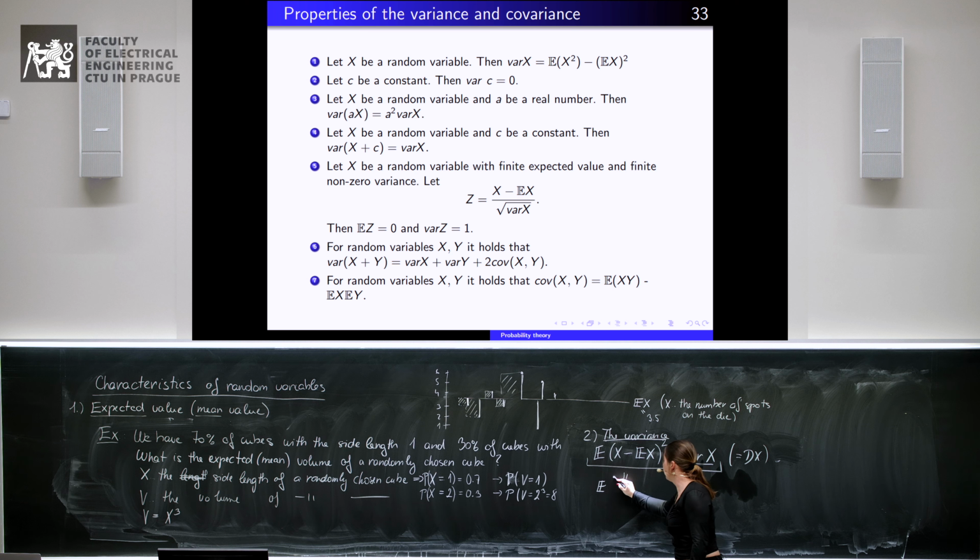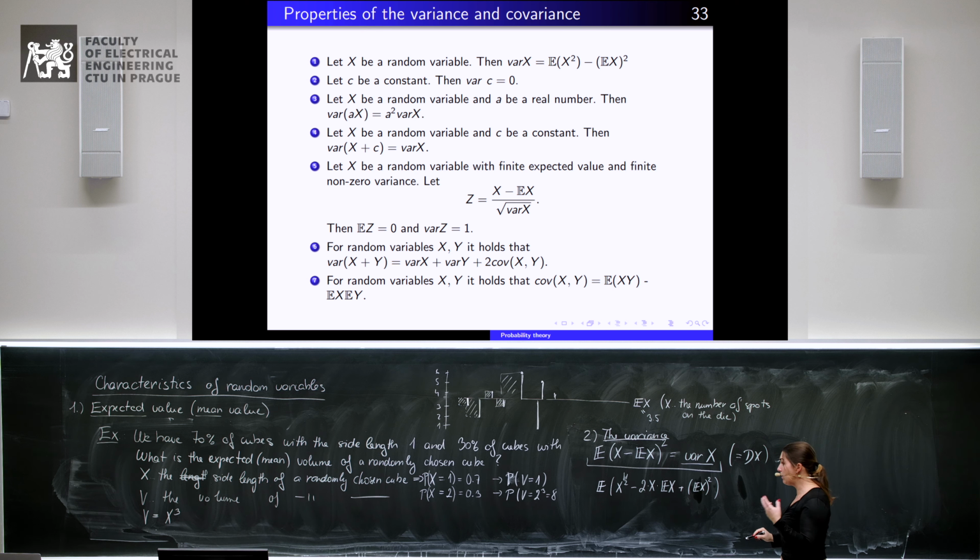Look what happens. In the brackets, we have x squared minus 2 times x times the expected value of x plus the expected value of x squared.